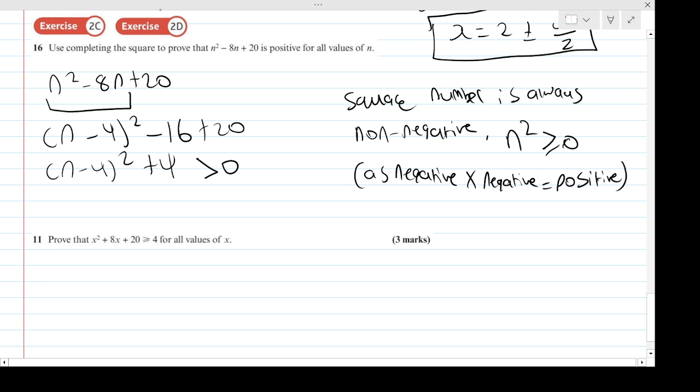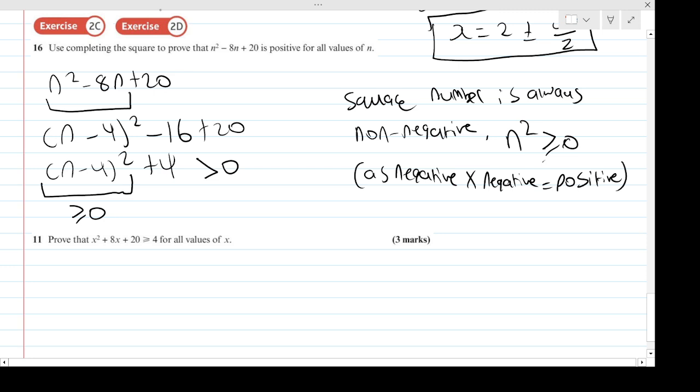But I also want to go over this terminology. No, I'm not going to go over it now. But essentially, we have a square number. It has to be at least 0, right? It can never be negative. So, with that in mind, this number here, n minus 4 squared, is a square number because n minus 4 is being squared. So that means this expression here has to be at least 0.